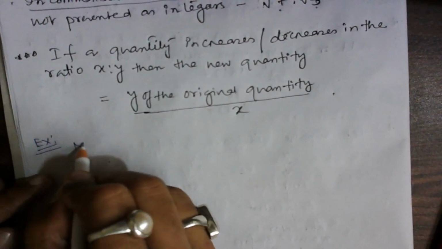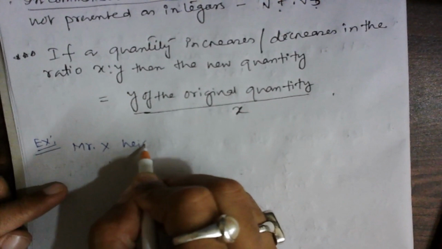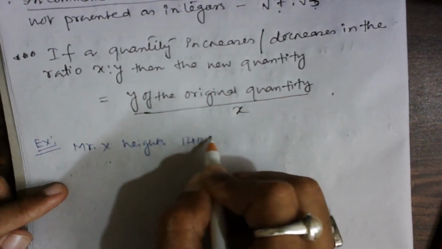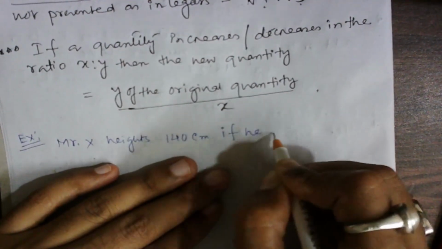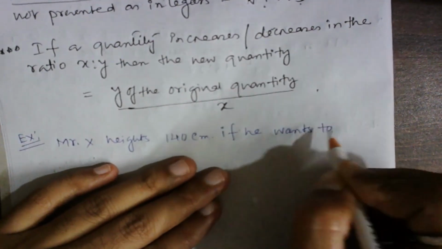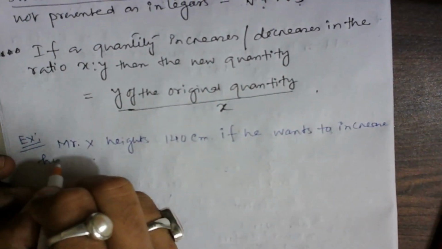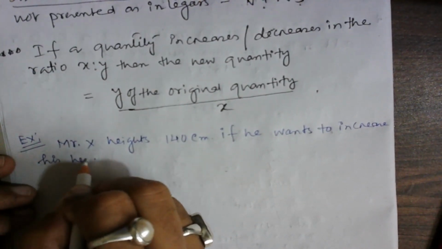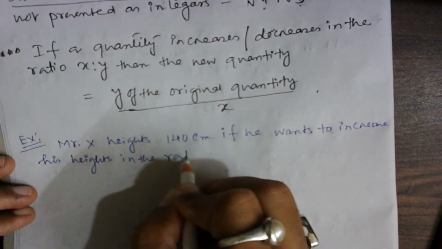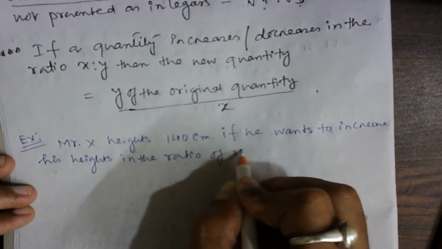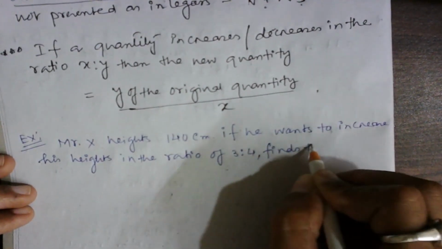Write down: Mr. X's height is 140 centimeters. If he wants to increase his height in the ratio of 3:4, find the new height.